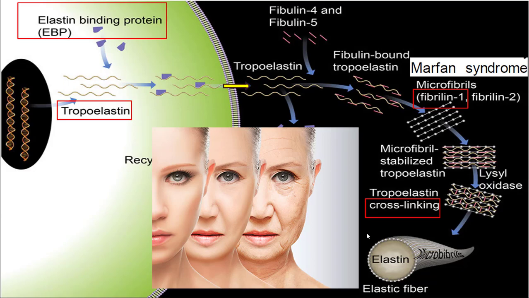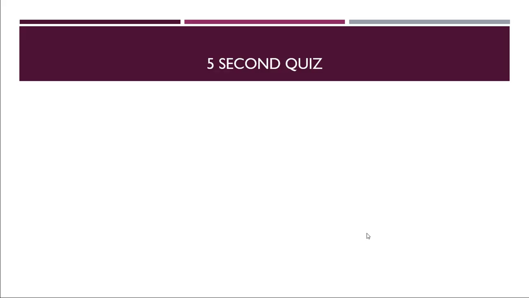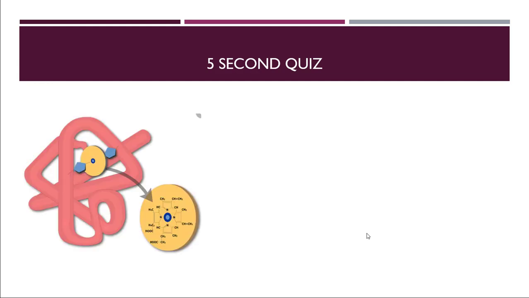Okay, now let's get ready for a 5-second quiz. Okay, my first question: what is this yellow circle in the picture? 5, 4, 3, 2, 1.